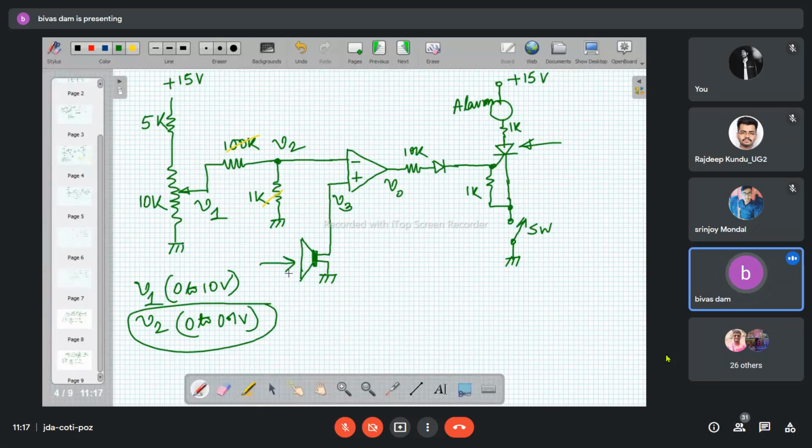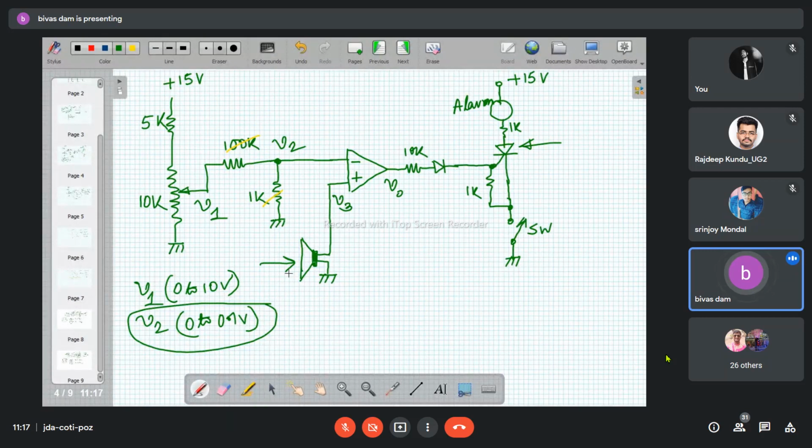So, from the acoustic noise, it is picking up the acoustic signals and generating one electrical signal. So V3 is basically whatever sound it is capturing. It's a voltage corresponding to that particular sound.